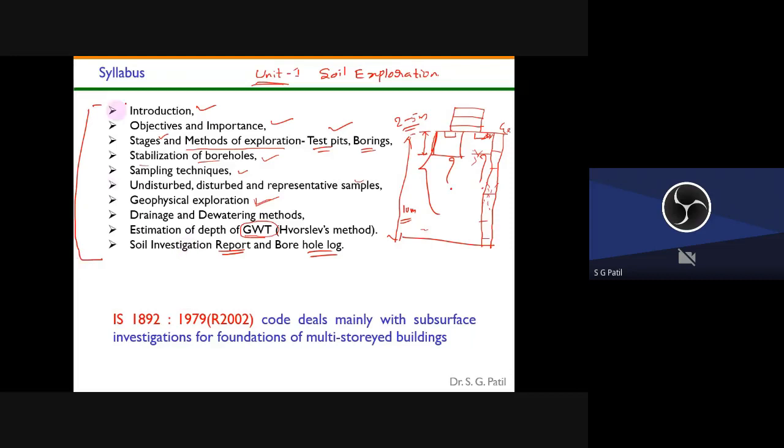For all this soil exploration, there is a code, IS 1892, and it was recently revised in 2002. IS 1892 will tell you all these processes. This code deals mainly with the subsurface investigation for the foundation of a multi-story building.